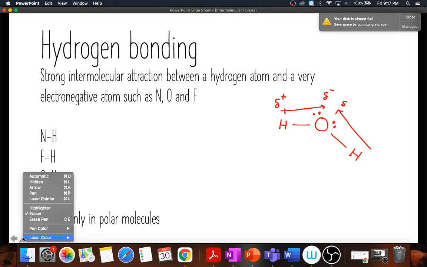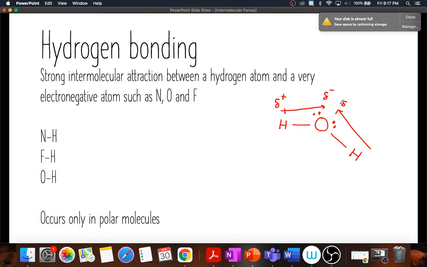Now, knowing that, if there is another compound nearby that has a similar dipole, what do I mean by that? Let's show an example. If I had an HF molecule here, this is also a bond that has a dipole, except in this case the dipole is going towards the fluorine.